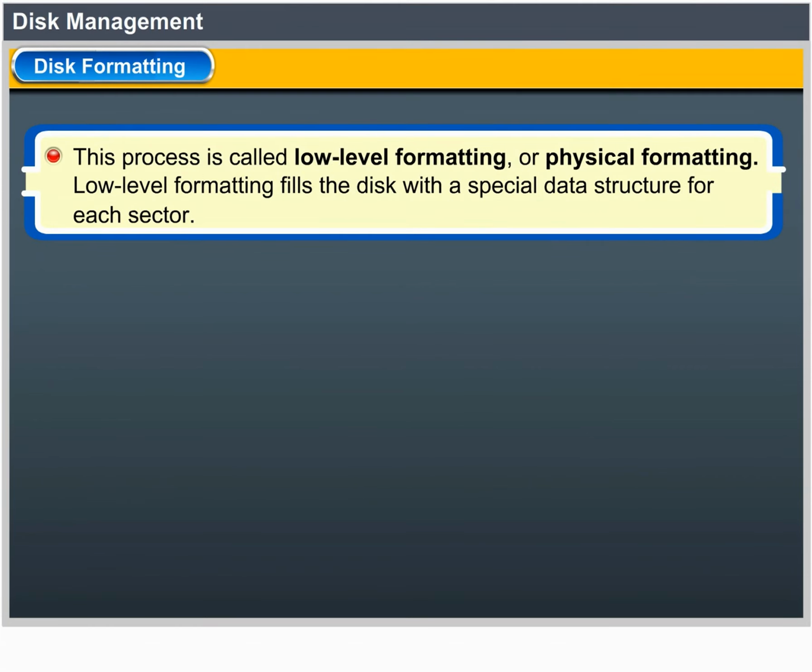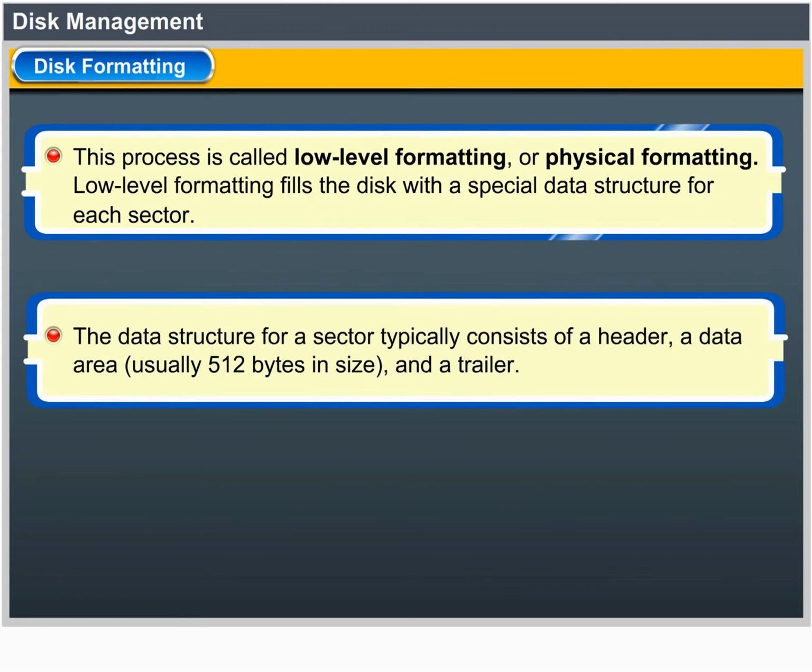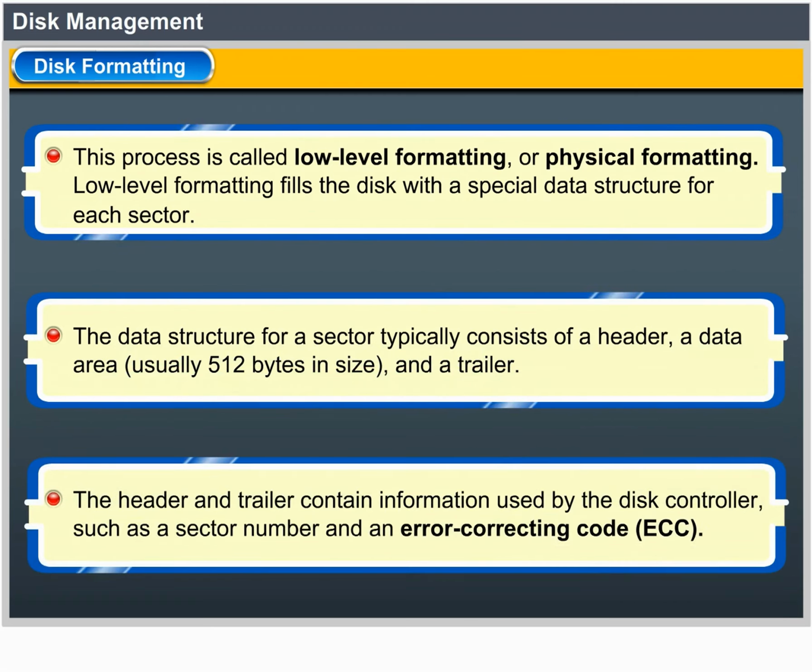Low-level formatting fills the disk with a special data structure for each sector. The data structure for a sector typically consists of a header, a data area usually 512 bytes in size, and a trailer. The header and trailer contain information used by the disk controller, such as a sector number and an error-correcting code, ECC.